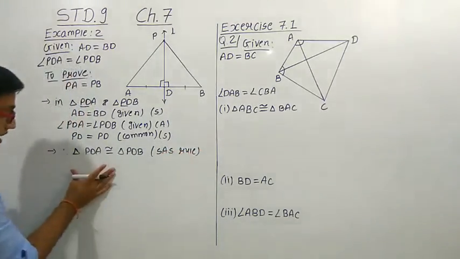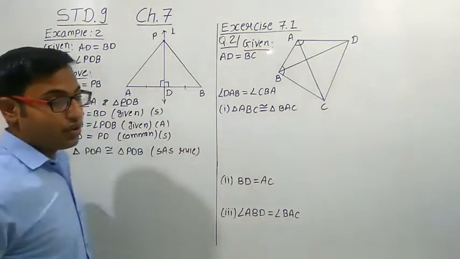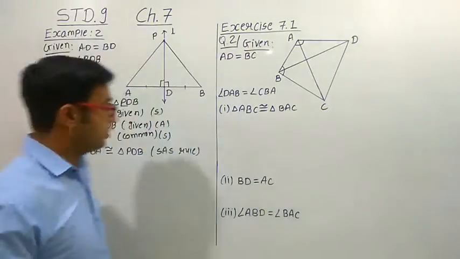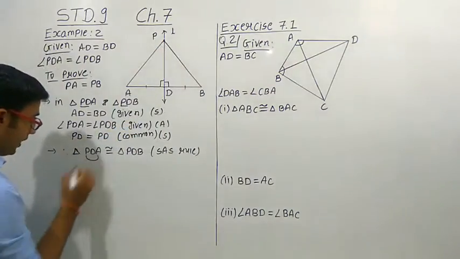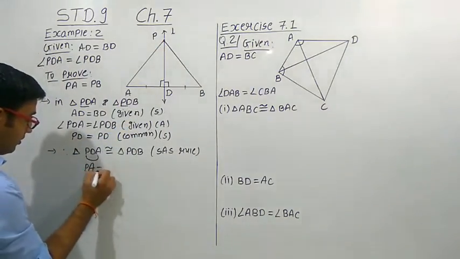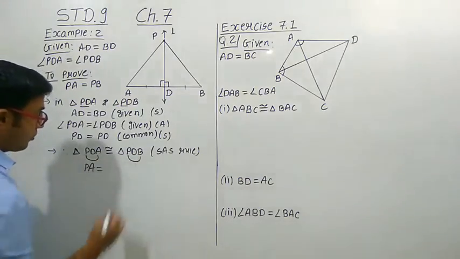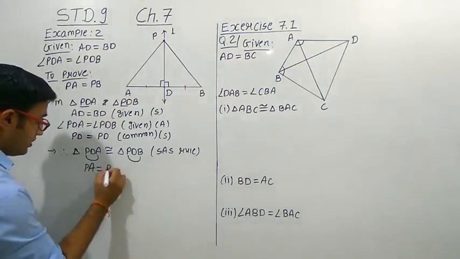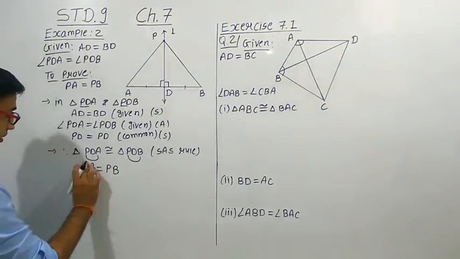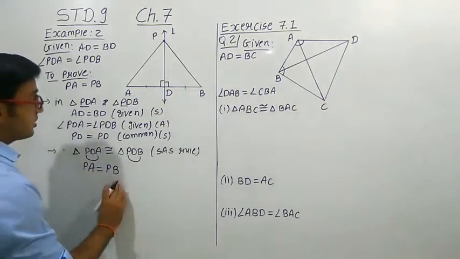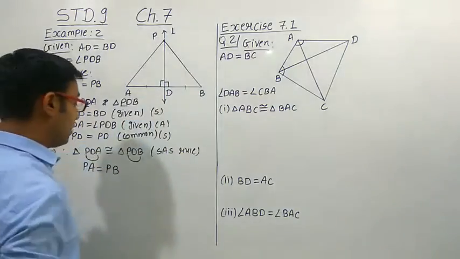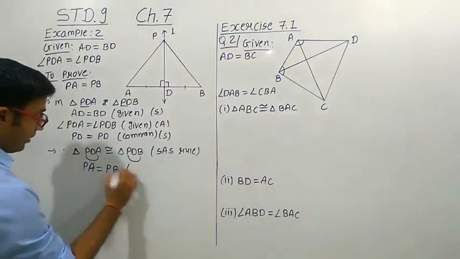As both triangles are congruent, their corresponding parts will become equal. So the corresponding parts PA and PB will become equal, right? PA, first and third letter; here also we consider the first and third letter, that is PB. So both distances PA and PB are equal. Why do we write this?